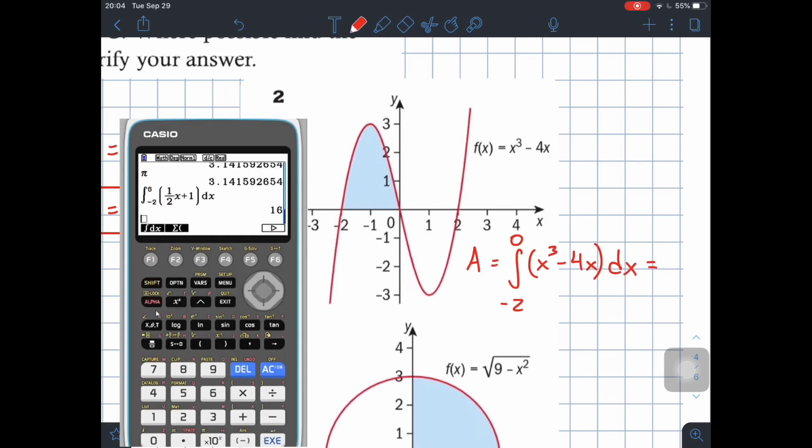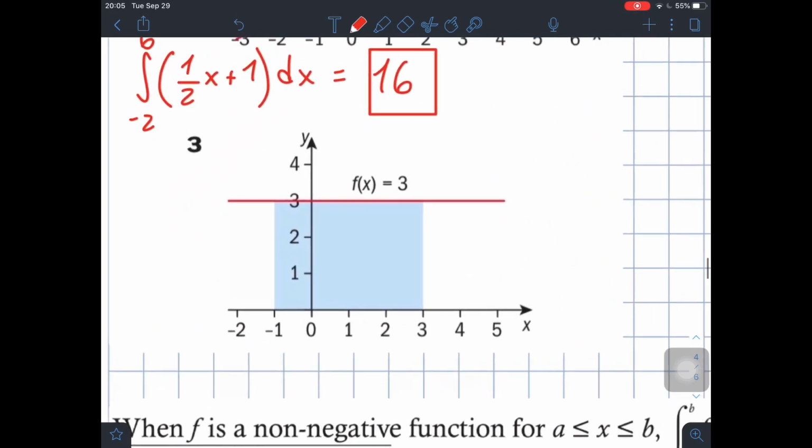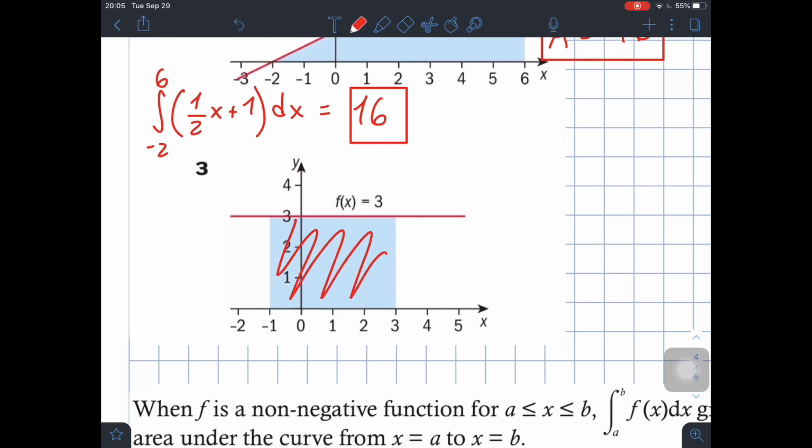We do this directly in the calculator: the integral of x cubed minus 4x, integrating this from -2 to 0. Execute, and then we get the value. So the value of the area is 4 units squared. Okay, this is a 4. There, 4 units squared.